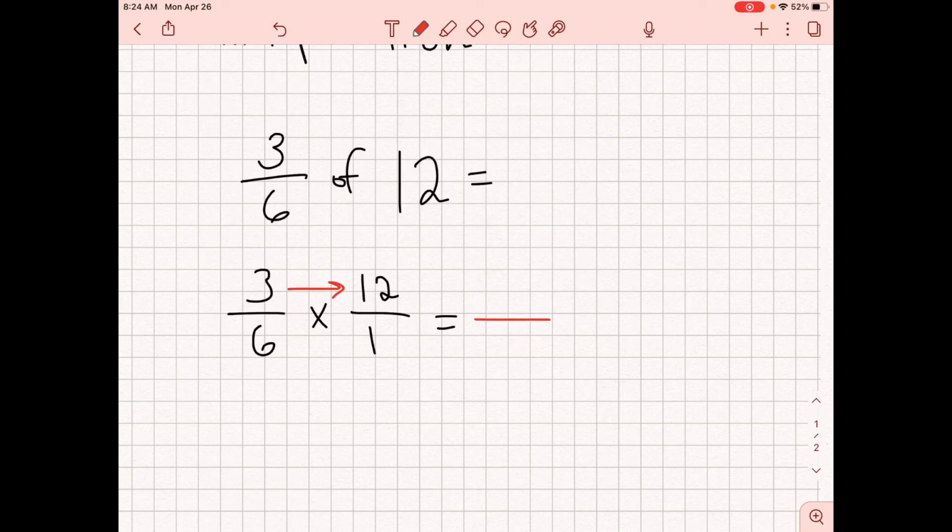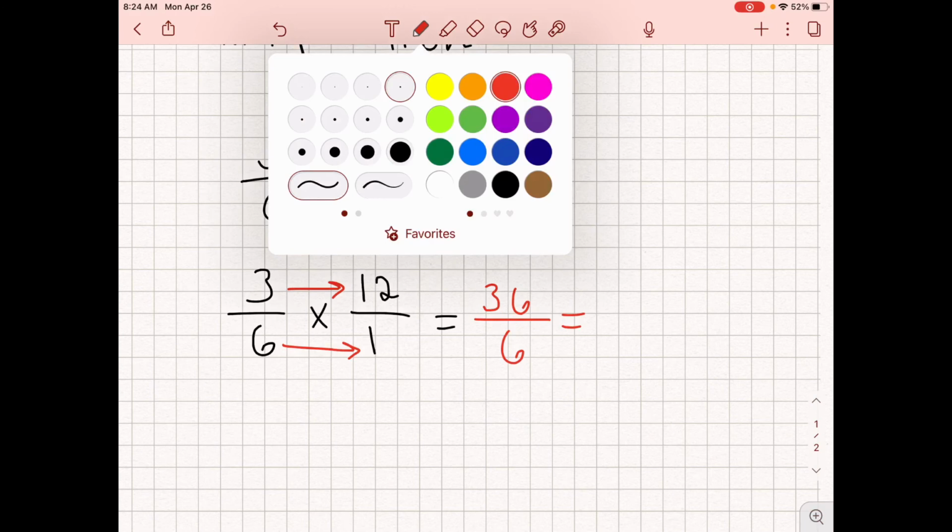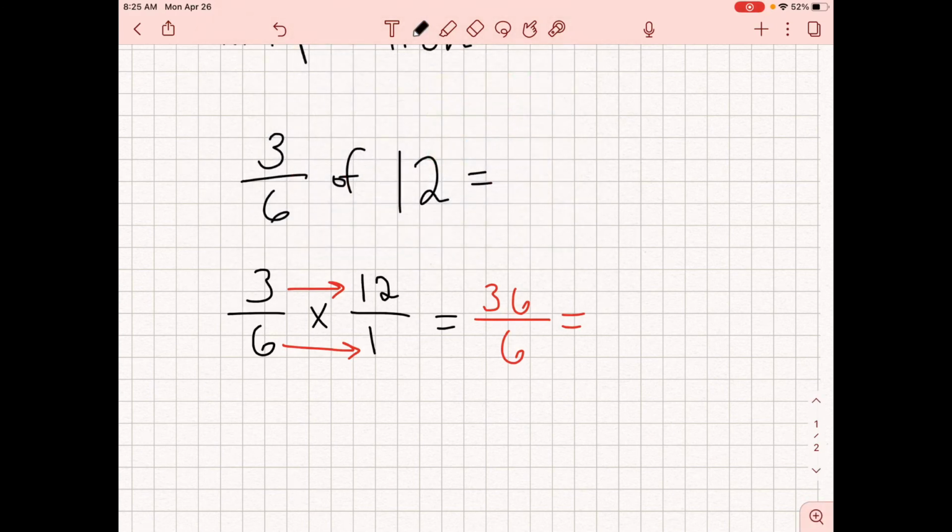Let's see here, that's 12, 24, 36. 6 times 1, that's just 6. And now I need to divide my numerator by my denominator to get my answer. Let's see, I know 6 times 6 is 36. So 36 divided by 6 must equal 6. 3/6 of 12 equals 6.